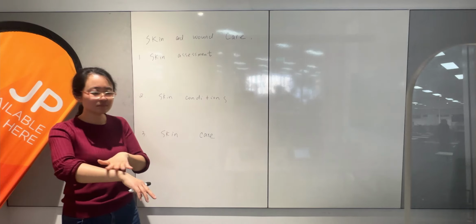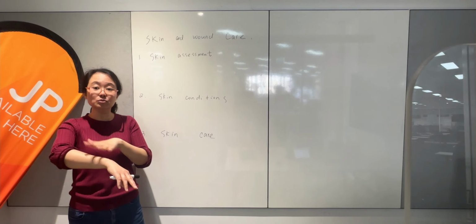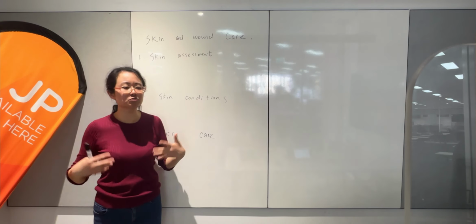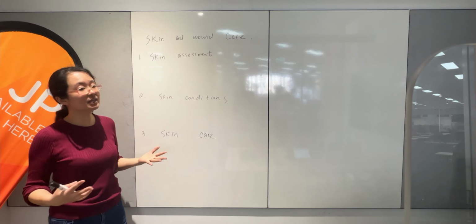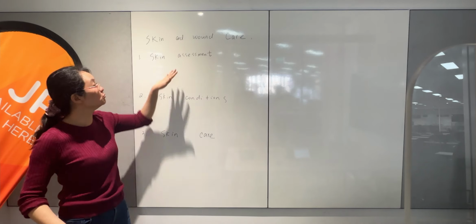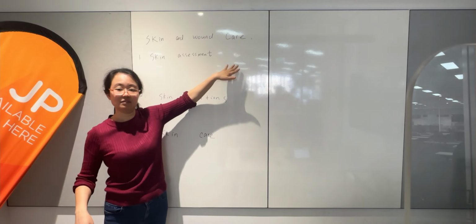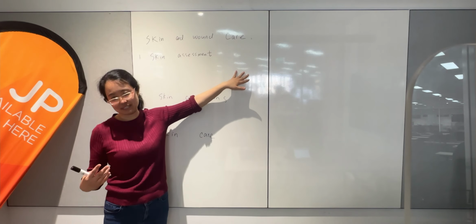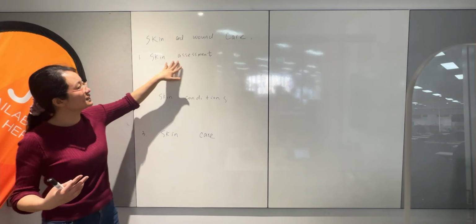The skin becomes really fragile, easy to break, easy to lose the layers. So if we have an older patient, we have to be really careful about their skin and do a very strict skin assessment.